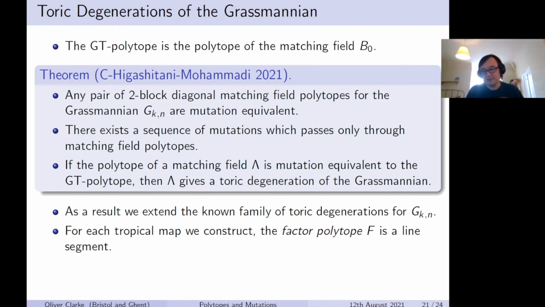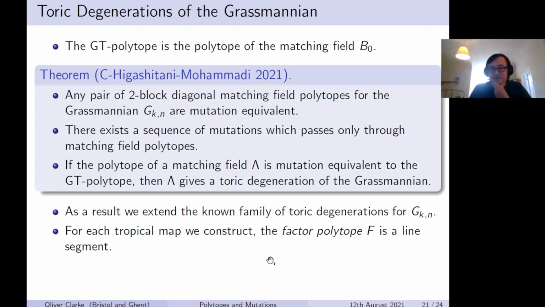It has the vector W, which tells you which direction to shear your polytope, and it has a factor polytope F that tells you how to split up your polytope. For us, our factor polytopes in our construction are line segments, which are the simplest you can get, which means that all of our mutations split up the region into two parts. It acts by identity on one part and it acts by a shear on the other part.